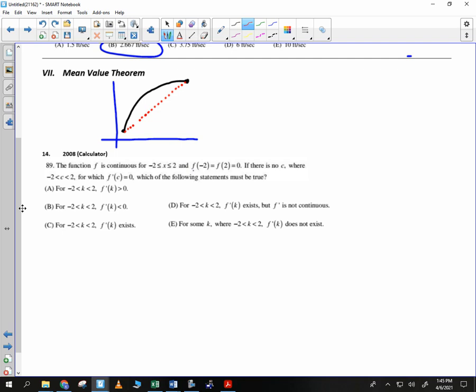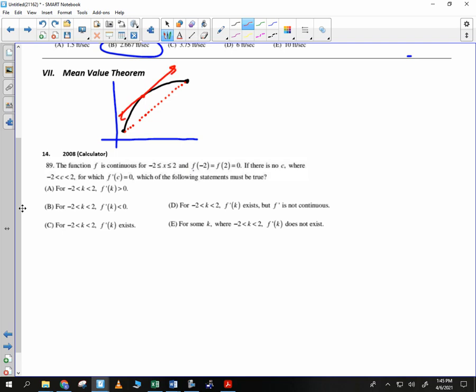So can somebody tell me when to stop my pen? You're going to tell me to stop my pen at the spot where, if you were to draw a tangent line, it would look parallel to this red line. Somebody think they can do that? You tell me when.